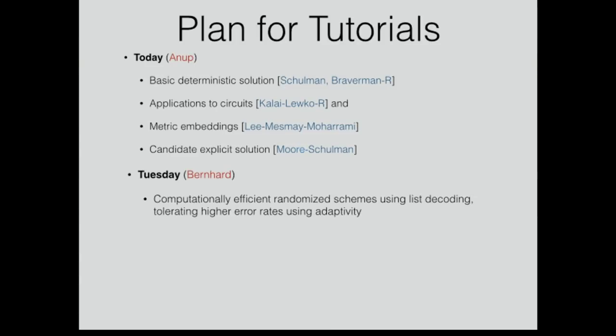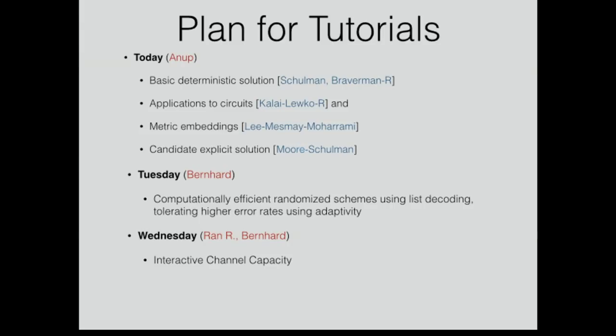On Tuesday, Bernard will talk about some computationally efficient solutions to this problem. He'll discuss topics like list decoding in this setting. On Wednesday, Ranraz and Bernard will talk about interactive channel capacity.